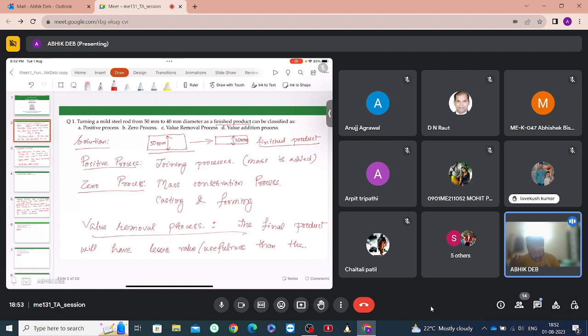The 50 mm diameter rod cannot be fitted into that 41 mm hole. But the 40 mm diameter object can easily be fitted into a hole of, suppose, 40 or 41 mm. So its usage as a product is increasing. That is why it is a value addition process. I hope it is clear now.